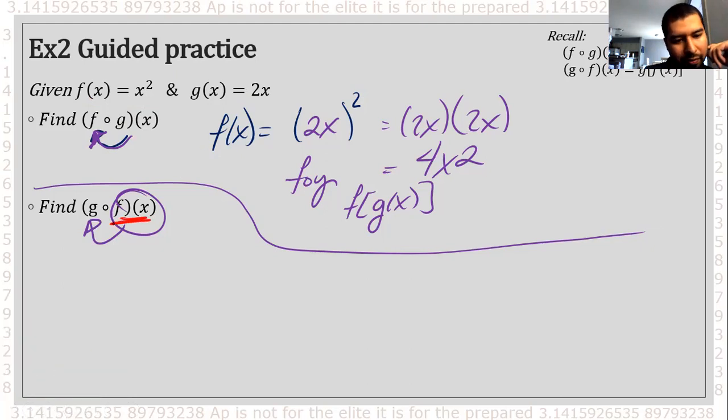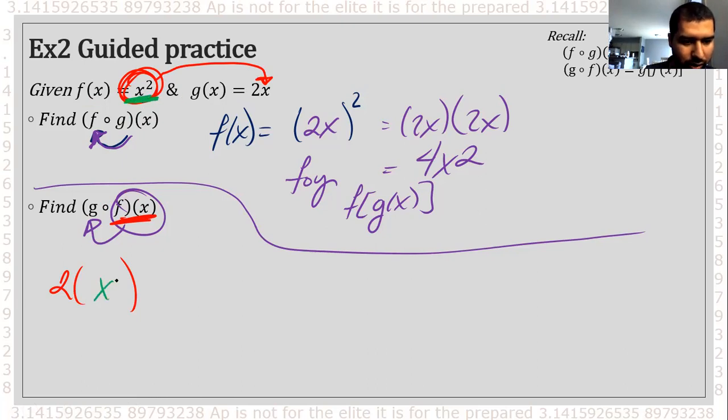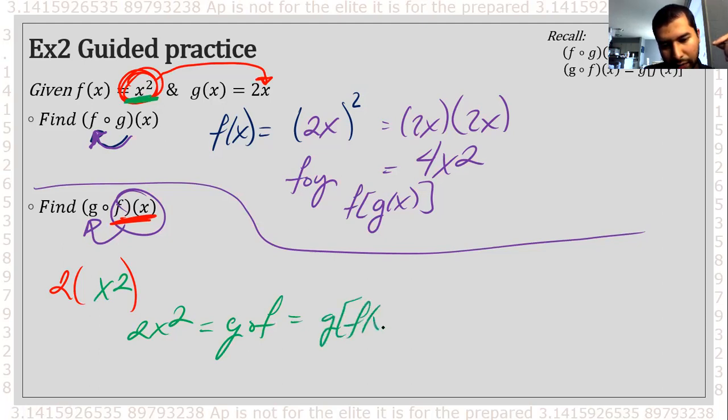Okay, so my F goes inside my G. So my F right here, which is X squared, will go inside the X of my G. So it's going to be 2, and inside those parentheses, we just said that it is this right here, my F, which is X squared. All I have to do is simplify. This is 2X squared. That is my g o f, also known as my G of F of X.